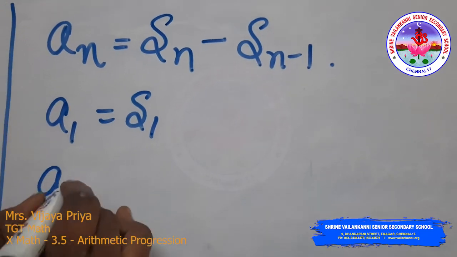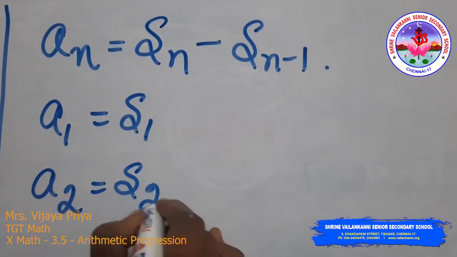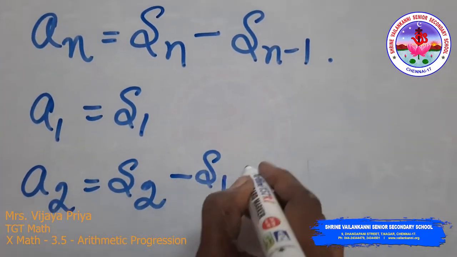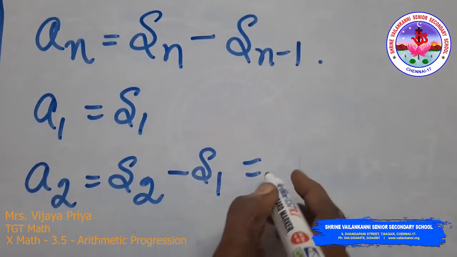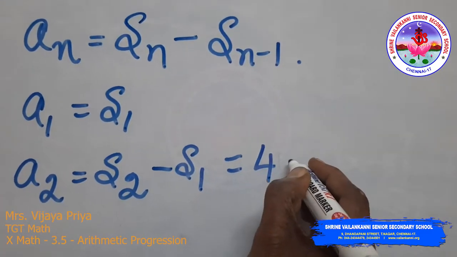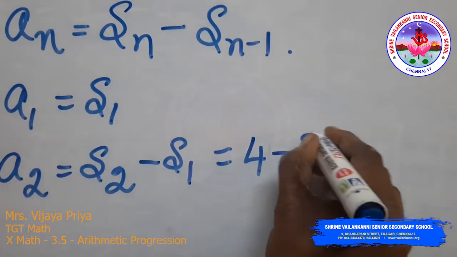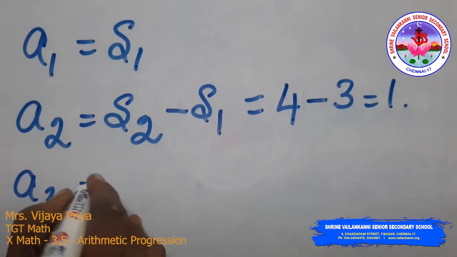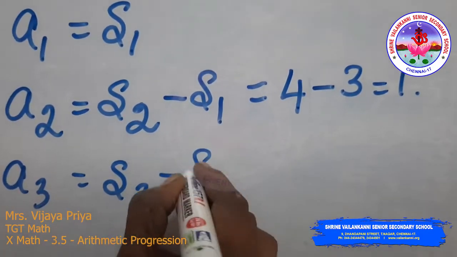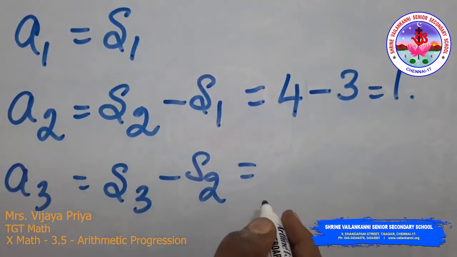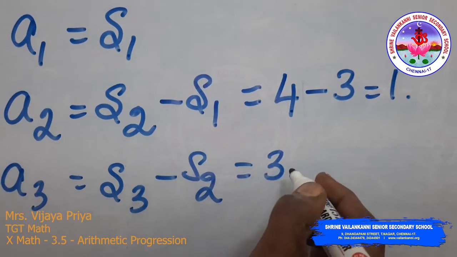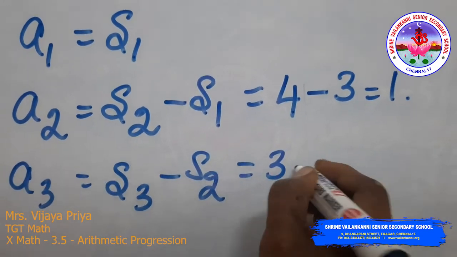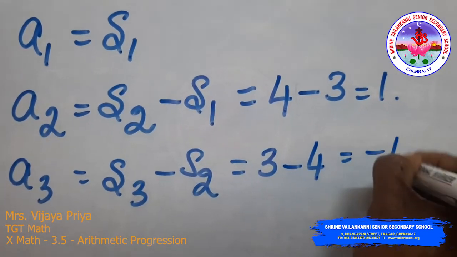So for a2, a2 can be found out by S2 minus S1, where S2 is equal to 4 and S1 is 3. So 4 minus 3 is equal to 1, and a3 is equal to S3 minus S2, where S3 is equal to 3 and S2 is 4. So we get minus 1.